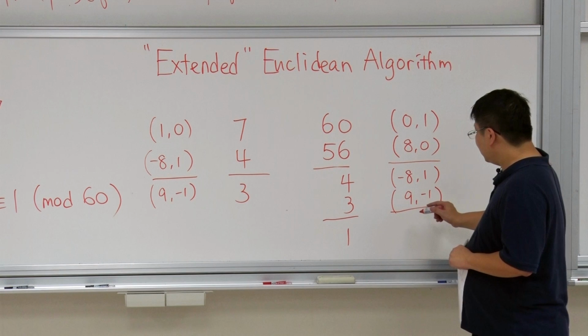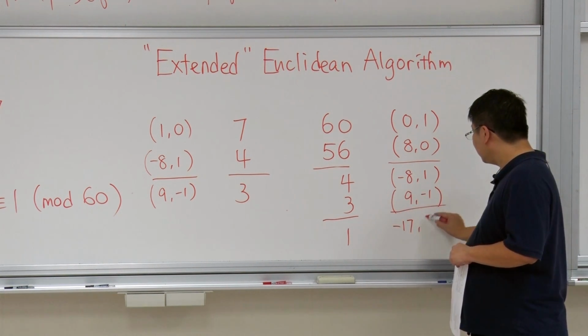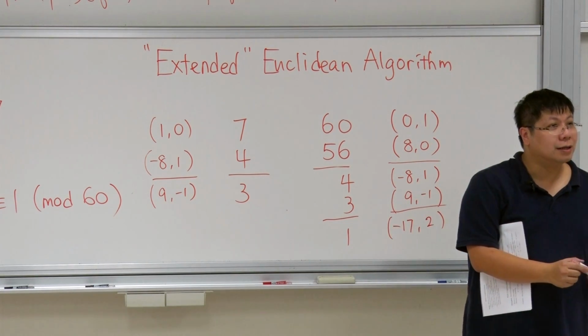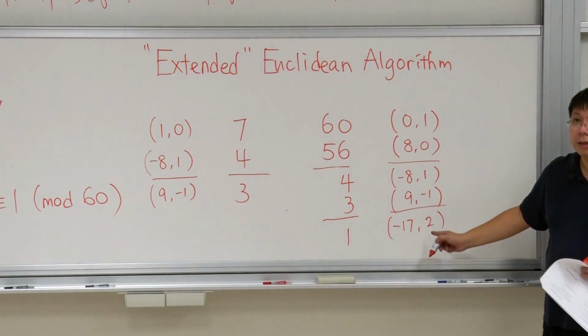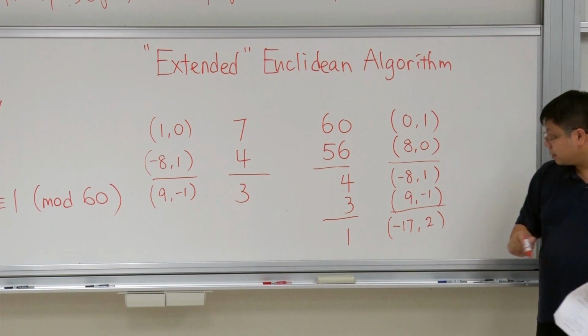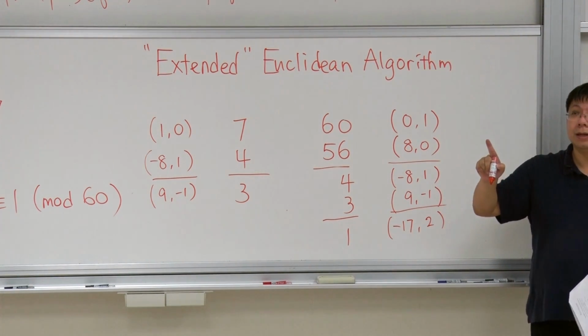So you get a 1, and 1 will be equal to (minus 17, 2). Is that okay? So good. Then you know that minus 17 times 7 plus 2 times 60 is equal to 1.